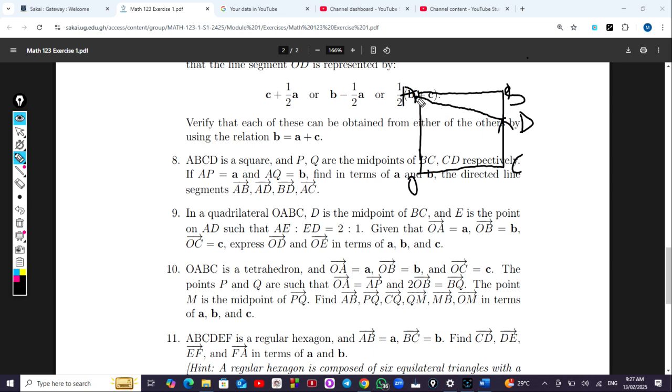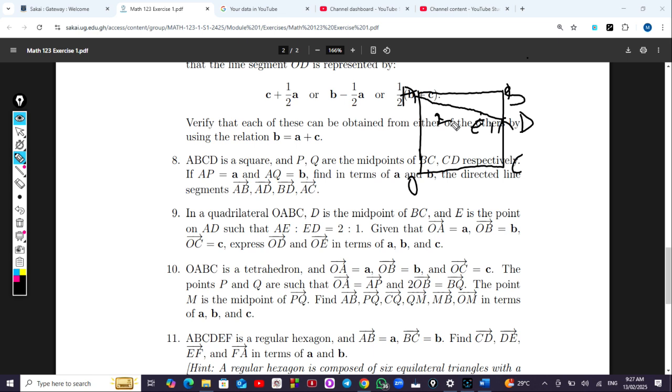So AD is such that E is the point on AD such that AE to ED is equal to 2 is to 1. So you can assume that E is somewhere here, AE and ED 2 is to 1. So it's dividing AD in the ratio 2 is to 1.